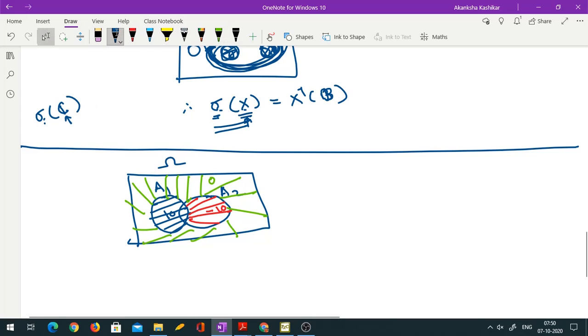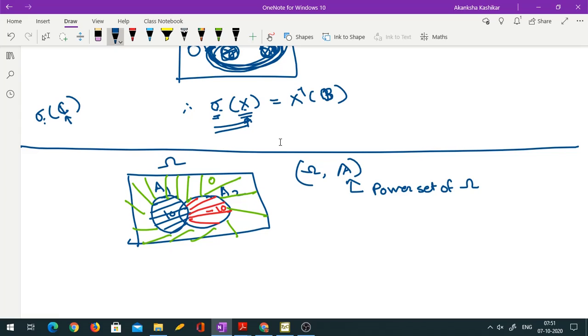So let me write down the notation. You have omega, and let script A be the power set of omega. So basically the power set contains all possible subsets, so every function would be a random variable on a power set.